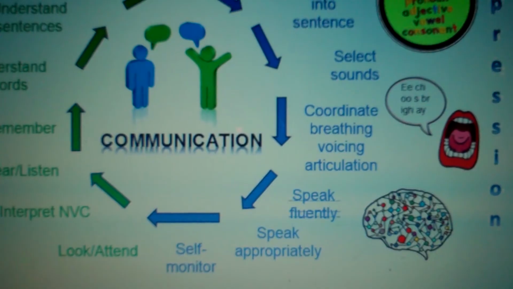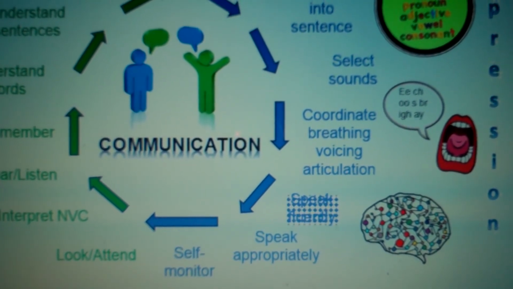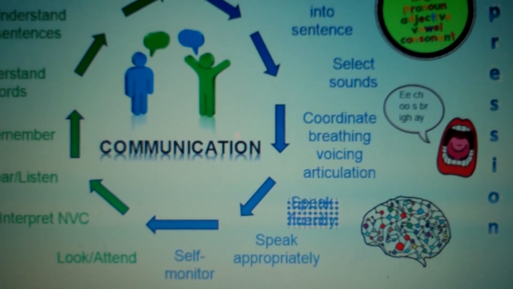How that relates to stammering is if we add anything at all into this mix, which puts an extra little bit of load on the brain, something breaks down. And the thing that breaks down is always this bit, the speak fluently bit. So the fluency of speech goes out of the window when we get overwhelmed or overloaded.